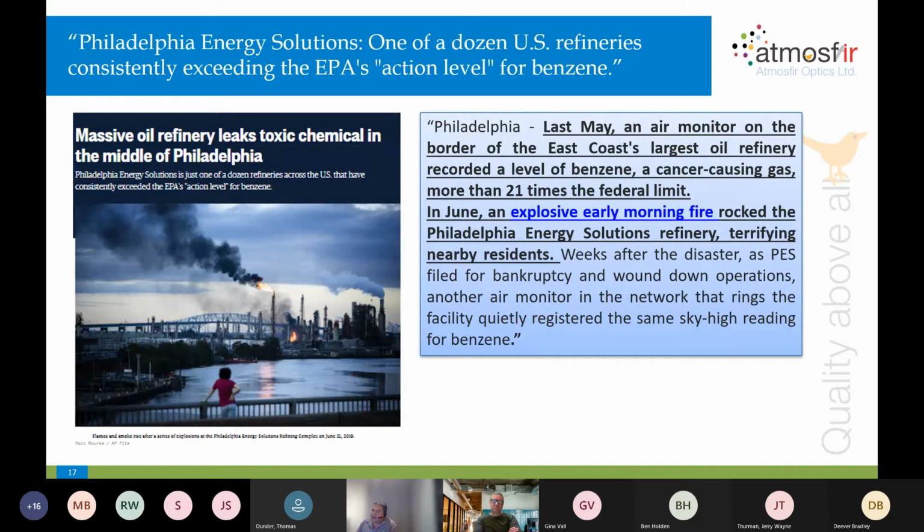And one thing that I found that in Philadelphia refinery, the biggest, I think, refinery in east of United States, they found high concentration of benzene before the explosion.